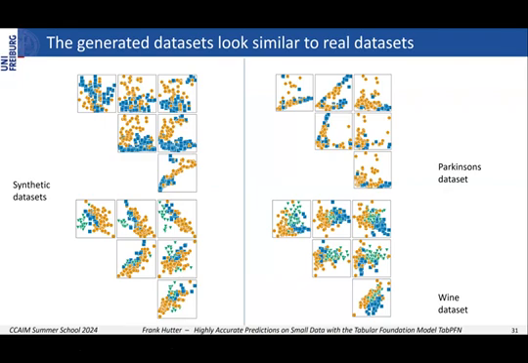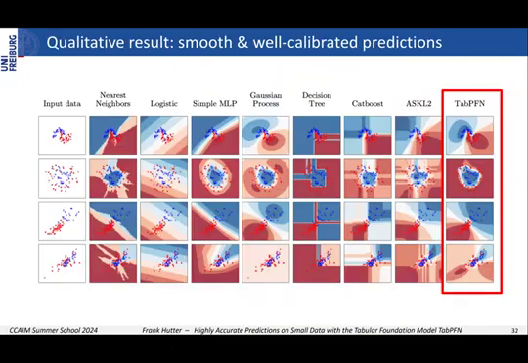We generate data sets that look like real data sets, and we do millions of these. And for these millions of data sets, we learn to do forward pass predictions where we feed in the training data, feed in the X test, and output the Y test. And if we can do that, then the odds are that we can also do this for the real data sets. And indeed, this is the case.